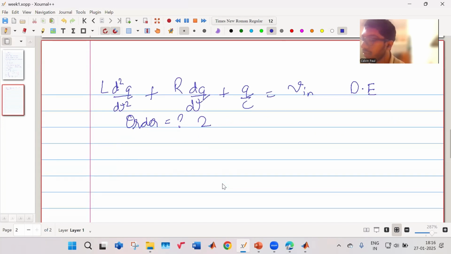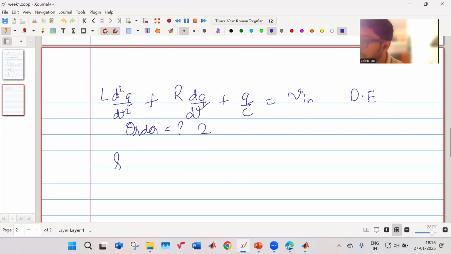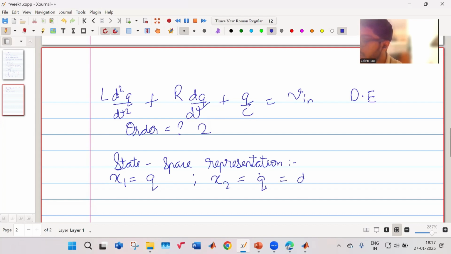And now what we will try to do is find a state space representation. In the state space representation, we have to consider states. So let us take the state x1 to be q and the state x2 to be q dot, which is dq by dt.